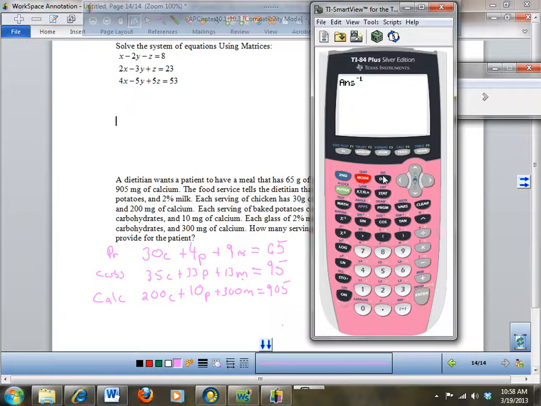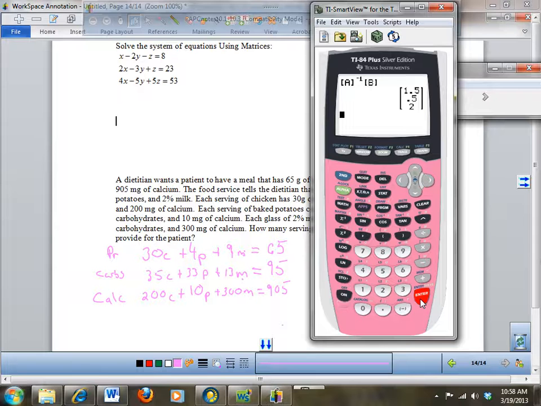So what I want to do is multiply the inverse of matrix A times matrix B. So I'm going to go second matrix A, and I'm going to hit inverse times second matrix B, and hopefully it's not going to give me an error again.